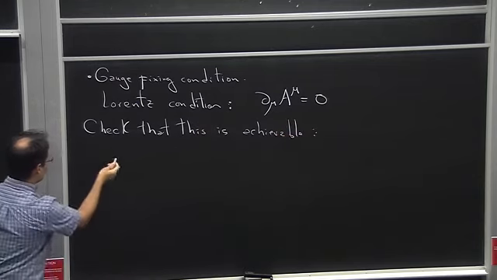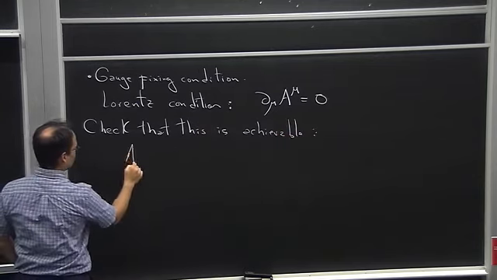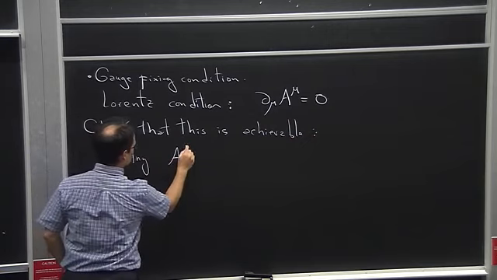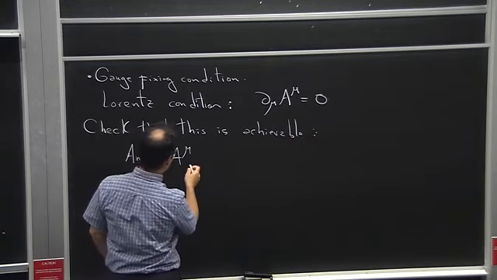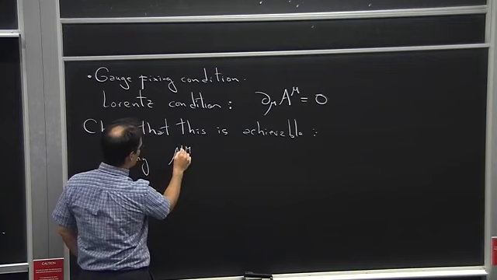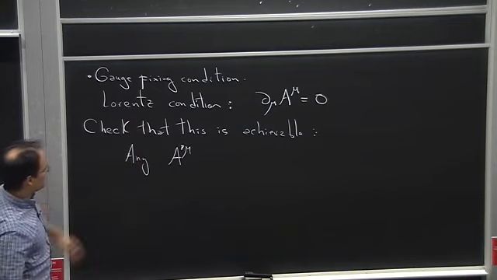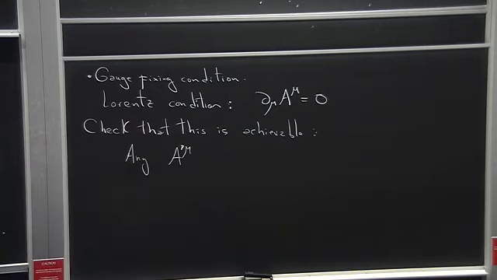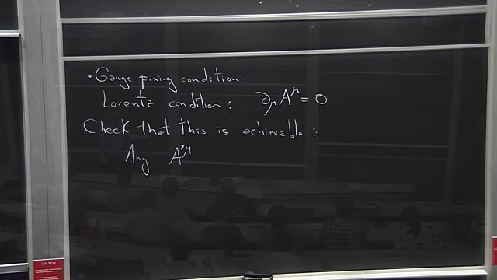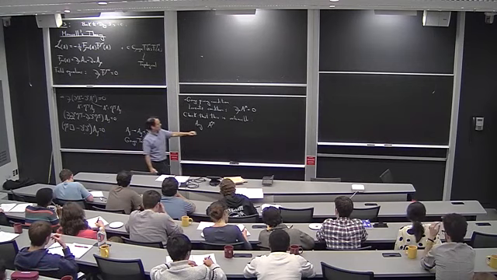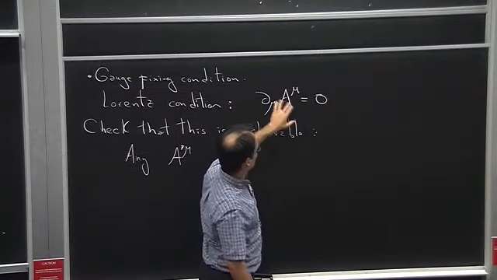If you have any gauge potential, A mu, let's call it A mu prime, we want to see whether in this space of all possible A's that I can get out of A prime by adding something of this form, I can come out with one that satisfies this.